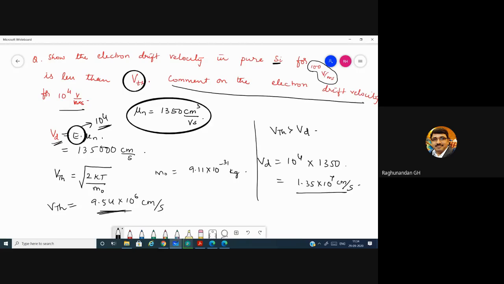When the electric field is 10 to the power of 4 volts per meter, we obtained VD equal to 1.35 into 10 to the power of 7. So now can you tell me which is greater, drift velocity or thermal velocity?